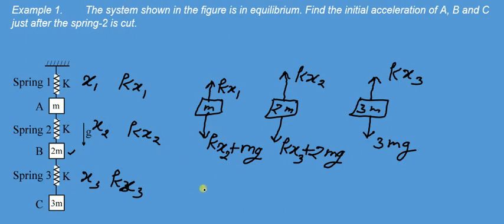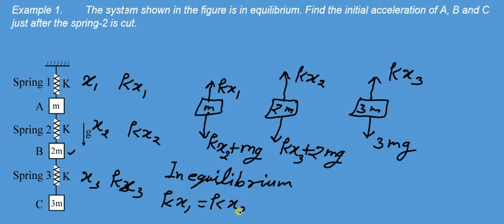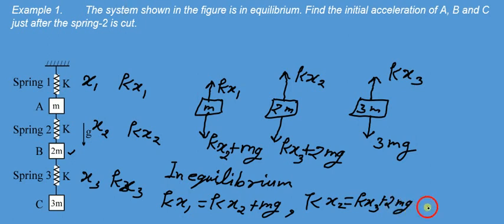In equilibrium, kx1 will be equal to kx2 plus mg, kx2 will be equal to kx3 plus 2mg, and kx3 will be equal to 3mg.